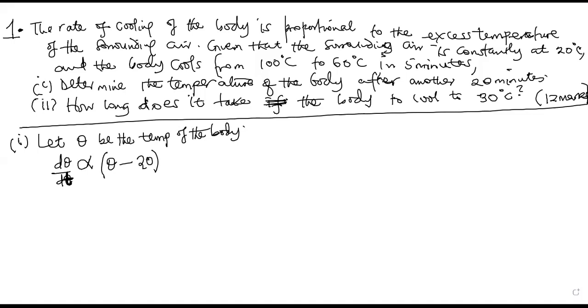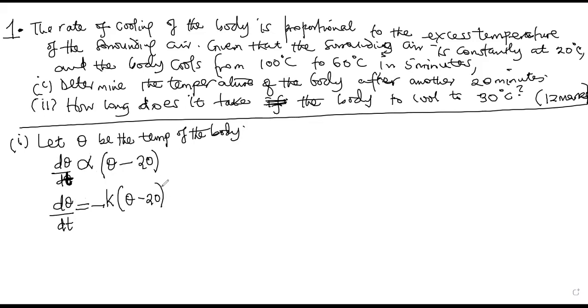So from here, when they say the body is cooling, the rate is negative. So you'll say d theta by dt, to remove the proportionality sign, we introduce equal signs with a constant, negative k times theta minus 20.